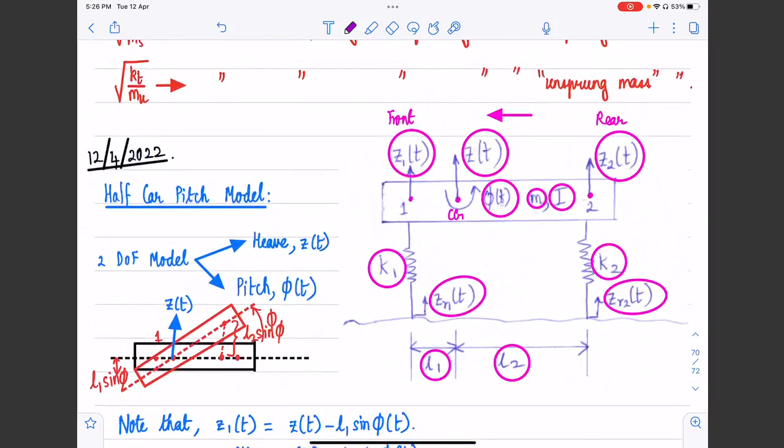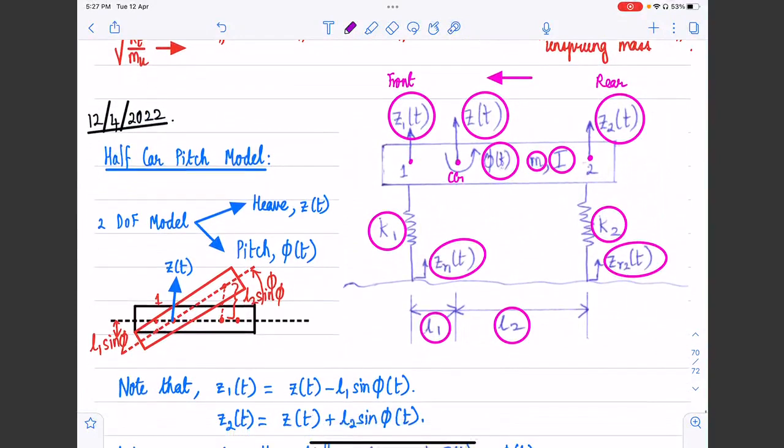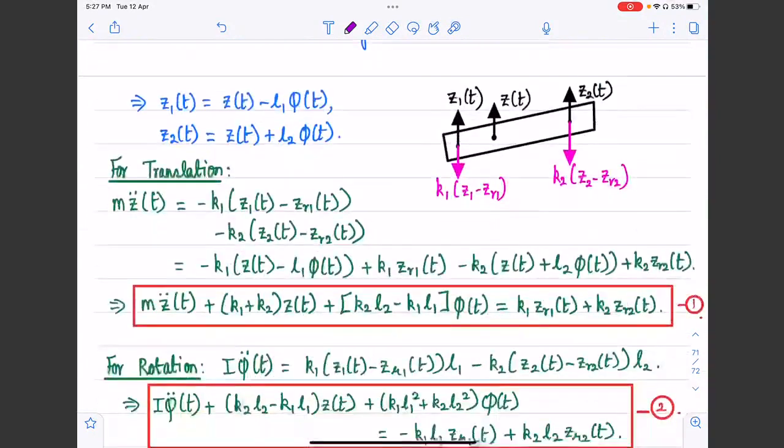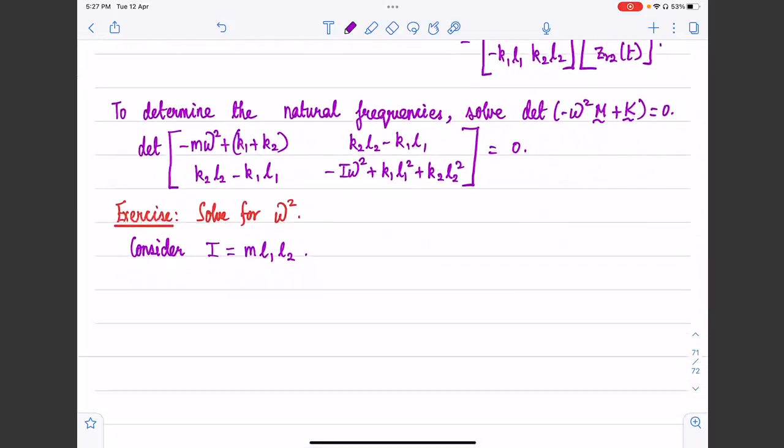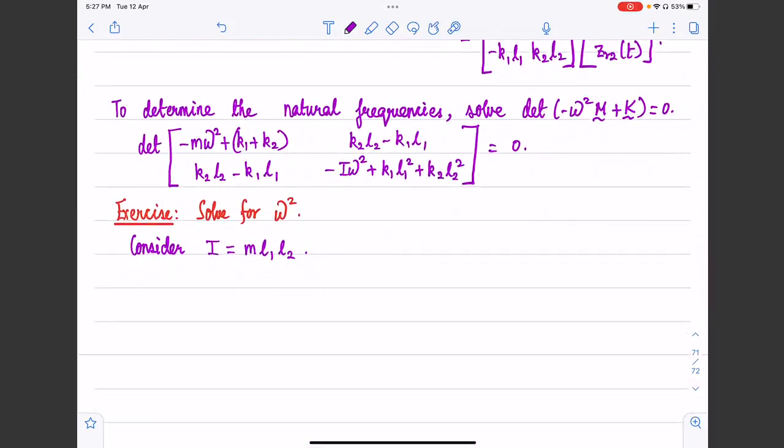L1 indicates the longitudinal position or the distance between the front wheel suspension mounting point and the CG, and L2 indicates the distance between the CG and the rear wheel suspension mounting point. Okay, so please remember that. So L1 and L2 are those measures. Suppose, let us say, the pitch moment of inertia is the product of M and L1 and L2.